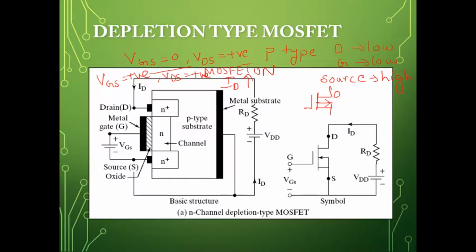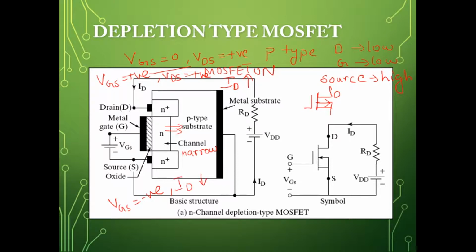Now, what will happen if VGS is negative? If VGS is negative, all the electrons present over here will be repelled. Okay, the electrons present over here will be repelled and the channel will become narrow. So if the channel becomes narrow, then the drain current will decrease.